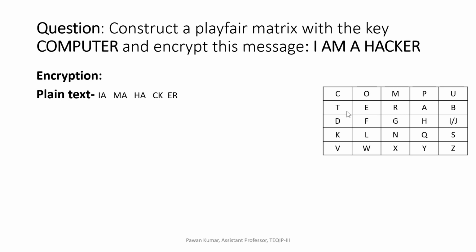First of all I have to create pairs of two letters, that means IA, MH, AC, KE, R. One thing is more important: suppose that in a single pair both letters are the same. Then we have to use a filler character to remove this possibility. Suppose II is coming, then I write X as a filler character, so IX, and then the next I will be part of the next pair, that is IM, and in this way.